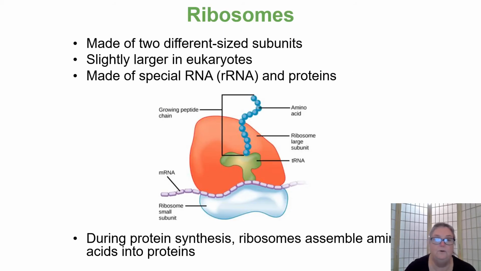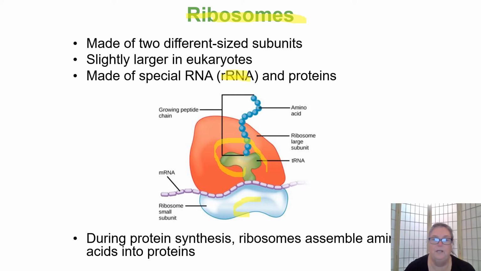All right, ribosomes. Ribosomes are the site of protein synthesis. Their function is to make proteins. To synthesize means to make. So they are actually made of two different subunits, and these come apart. There's our large subunit, our small subunit. They come apart, and they are larger in eukaryotes. They do occur in prokaryotes, because remember, they don't have a membrane. So they are made of rRNA.